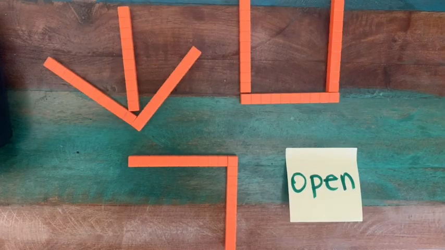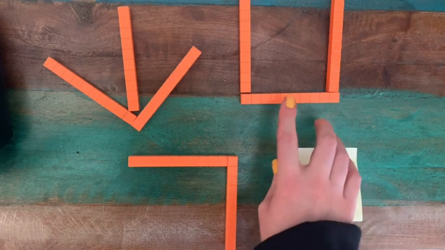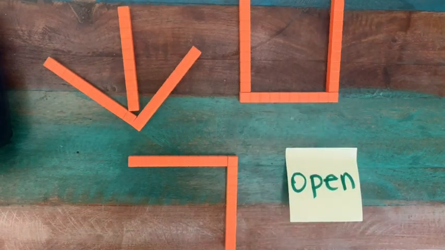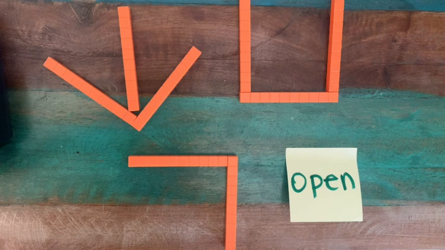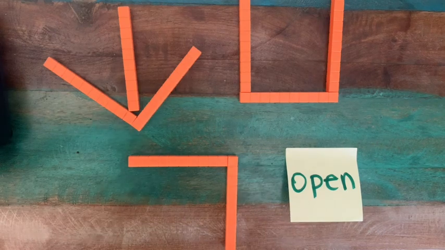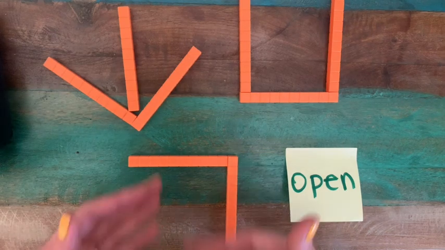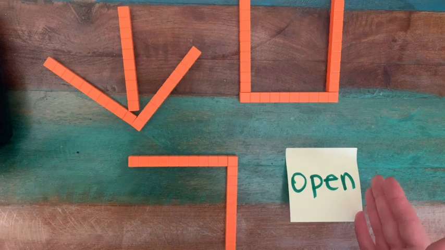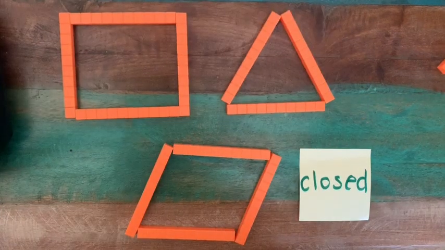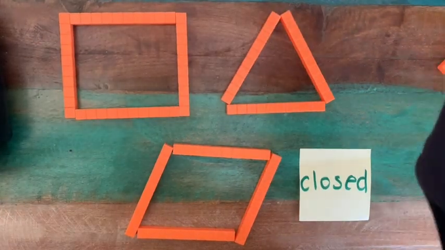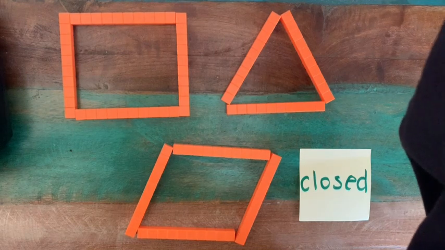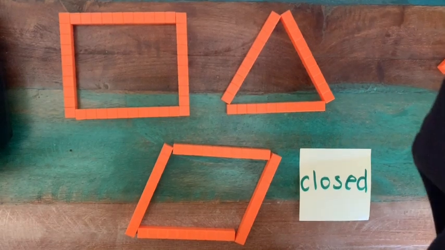For starters, let's do some review. I'm going to be using base 10 blocks to help me teach this lesson. And if you want to follow along with your own objects, just make sure they have straight lines, please. So in kindergarten, we learned that with lines, we can make open shapes like this, or closed shapes like these. Can you remember what the difference is between an open shape and a closed shape?